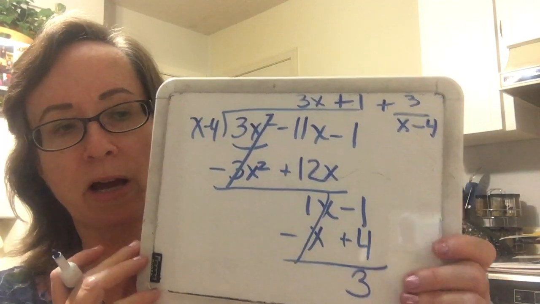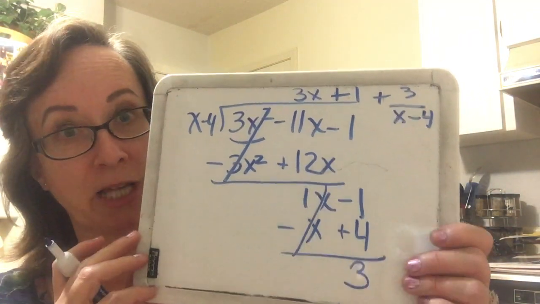Okay, now we're going to talk about how we go about checking this answer. So I'm going to get another board over here, and I'm going to multiply. Remember, we multiply to check. So I'm going to take the divisor and multiply it by what I just got as my quotient.